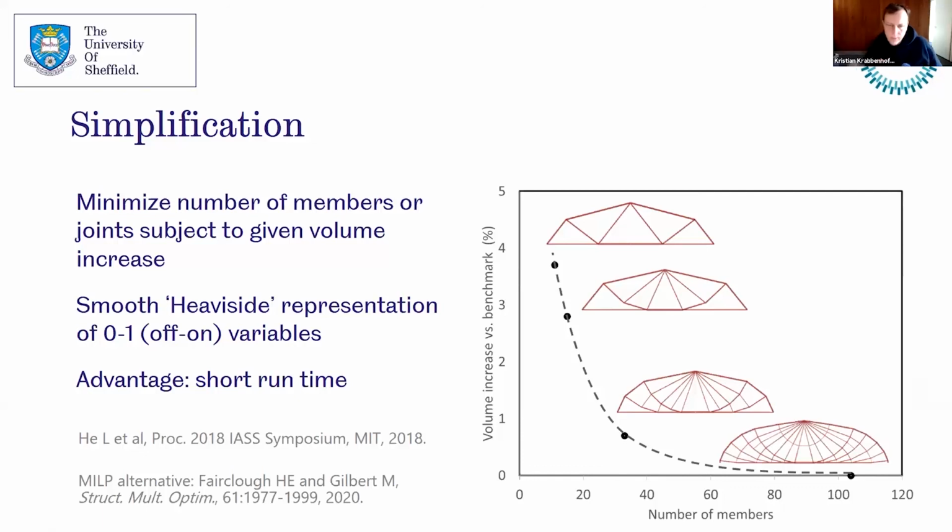So effectively, in the first phase we minimize volume, and in the second phase we actually have the volume as a constraint. So we say, find me the solution with, for example, the minimum number of joints, but with the volume not more than 5% above the benchmark.